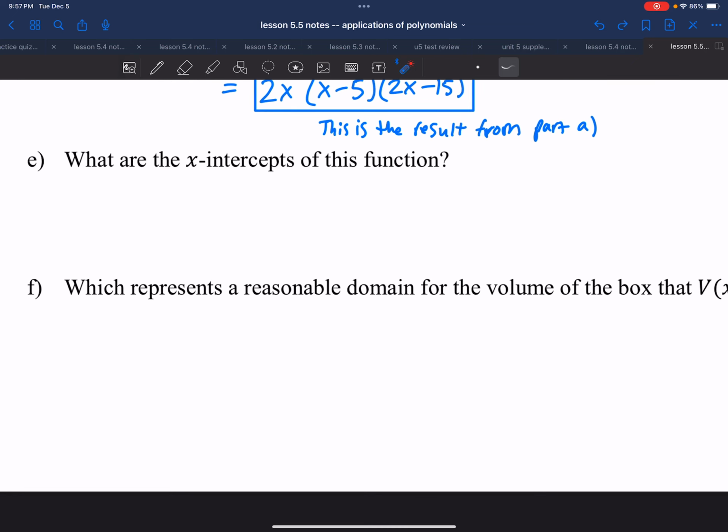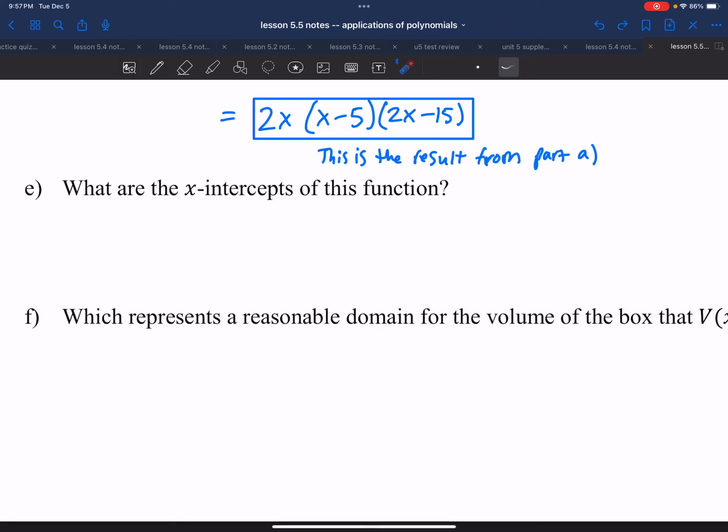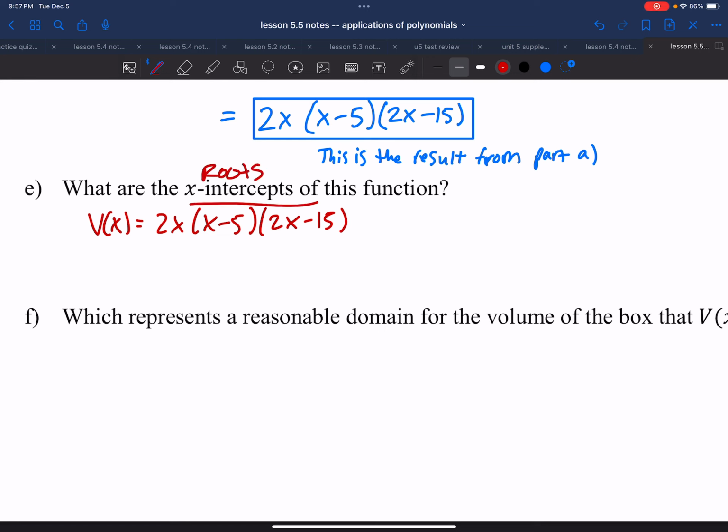Okay, part E says, what are the x-intercepts of this function? Well, if v of x in factored form is 2x times x minus 5 times 2x minus 15, x-intercepts are roots. So what makes these factors 0? 2x equal to 0, x minus 5 equal to 0, and 2x minus 15 equal to 0, right?